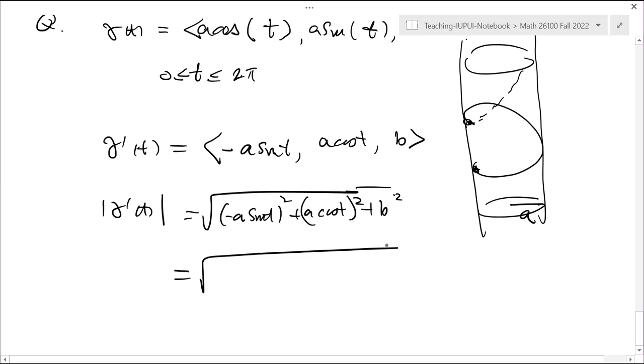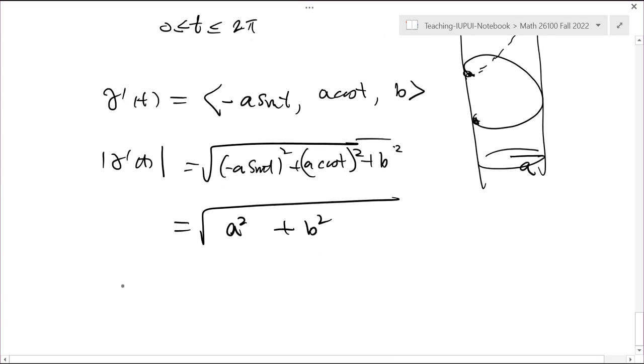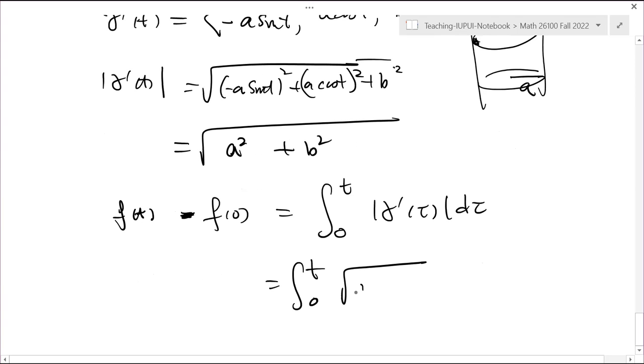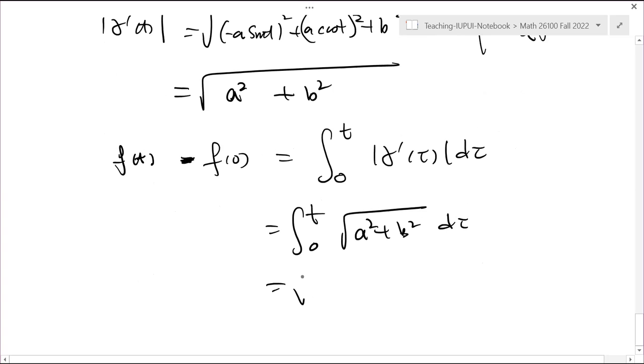So we get a squared plus b squared. Now I'm going to find the function, it's going to be the integral, and we don't need to know the exact value of this. It's from 0 to t, d tau. So finally, it's a constant, so it's easy to do.